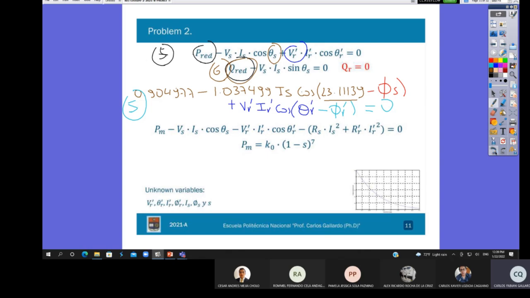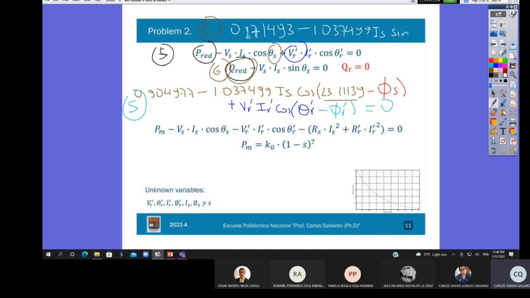So I will have the reactive power reference set point is 0.271493 minus the stator voltage, which is 1.0, times 39.499, times the stator current sine.